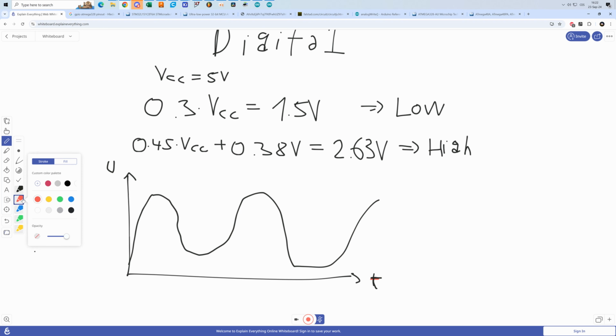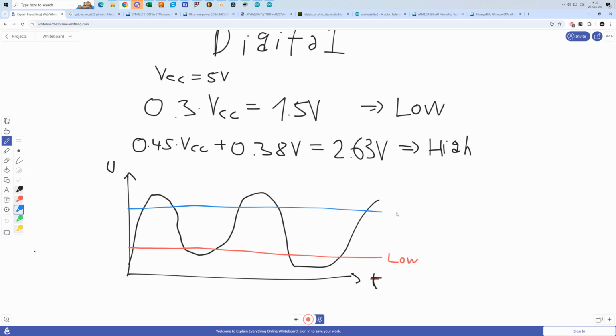These 1.5 volts, so let's say that is somewhere here. That is the low threshold, 1.5 volts. And we're going to have a high threshold, the 2.63 volts, which is over here. So this is the high threshold.